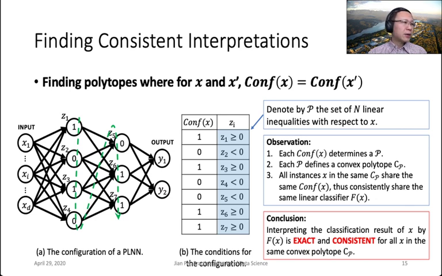We can conclude these three observations on the right: interpreting the classification result of X by this classification function is exactly a consistent interpretation of X in all the instances in the convex polytope CP.